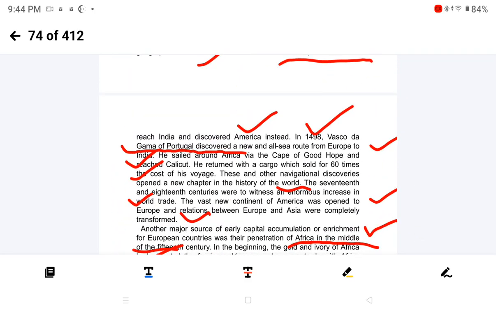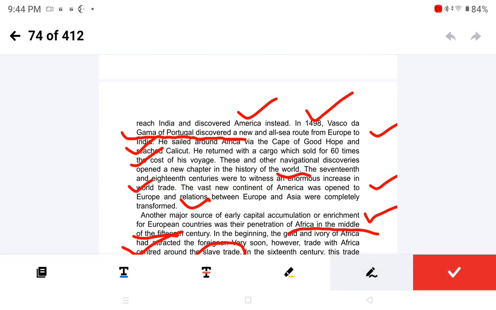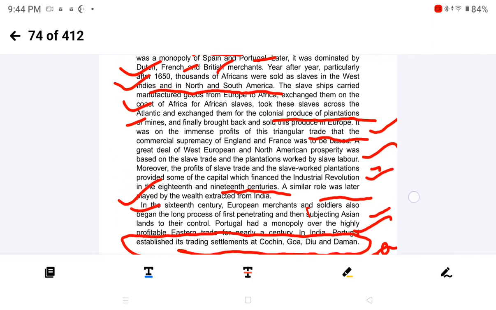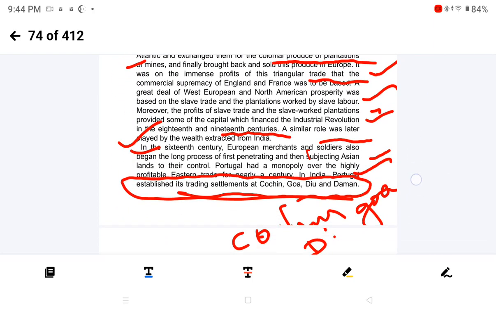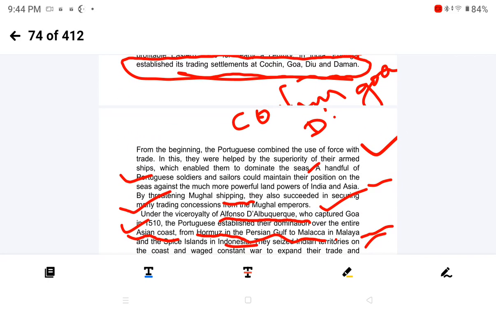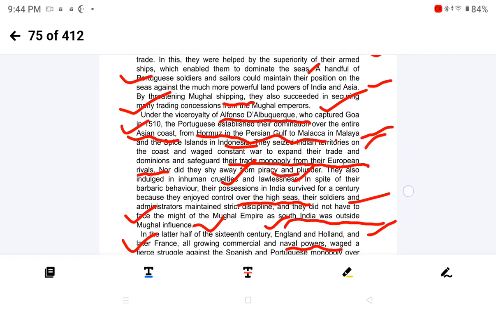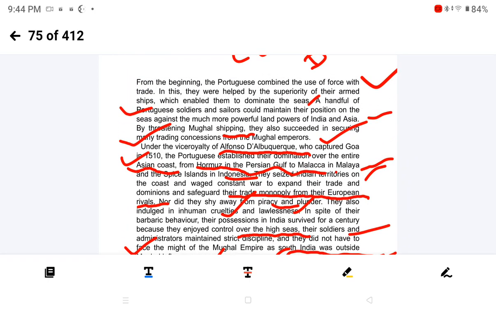The name of the discoverer was Vasco da Gama. He discovered the route to India in 1498, and then they entered the east. Then the Dutch East India Company was formed.